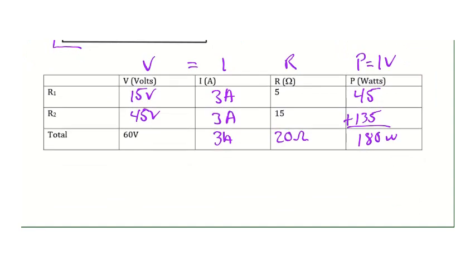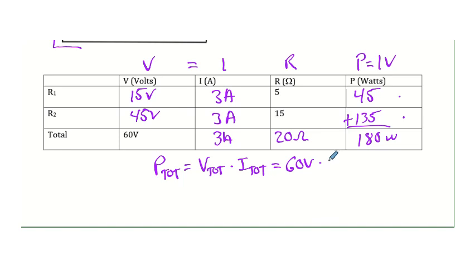So the way that we check is something called the power check. And the power check means that when we add them up, so the 45 plus the 135 gives us 180, that should be the same result as if we were going to take the voltage total times the I total. And our voltage total was 60.